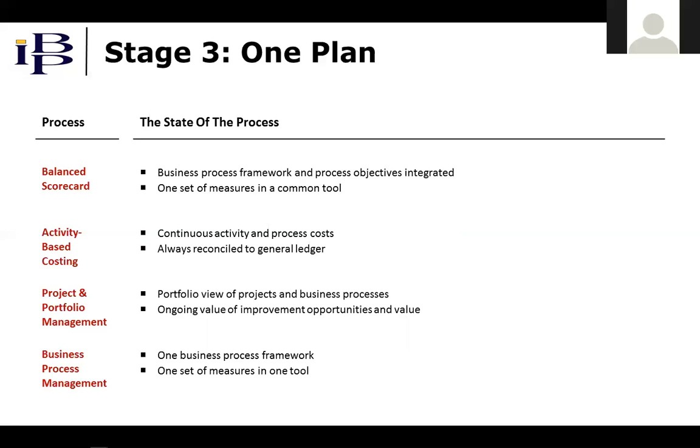And from a project and portfolio management view, you have a portfolio view of projects and business processes. And there's always this ongoing view of improvement opportunities and value. So I always know, like I said before, what my non-value-add activities are, but I've associated them to some sort of potential project in which I could invest.